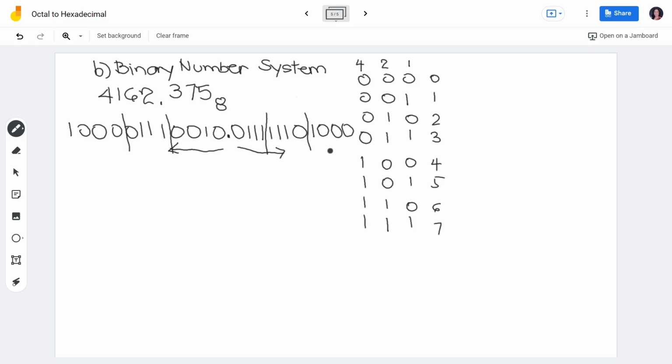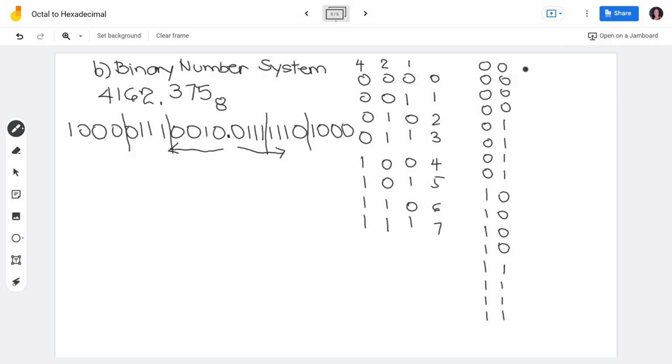So let's have a table again for the hexadecimal. We have 16 divided by 2 is 8, so we have 8 zeros and 8 ones. Then 4 zeros and 4 ones, repeated.